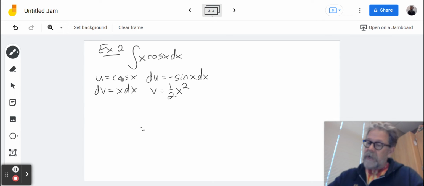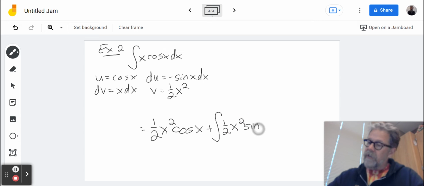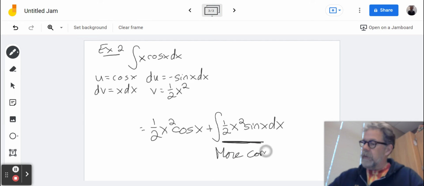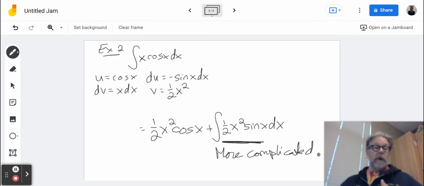This gives us u times v, 1/2 x squared cosine of x, minus the integral of v du, so that's of negative sine, so we'll make that a plus, 1/2 x squared sine of x dx. More complicated, not less. Generally, this is how you know that you've gone astray, because you get more complicated instead of less complicated.